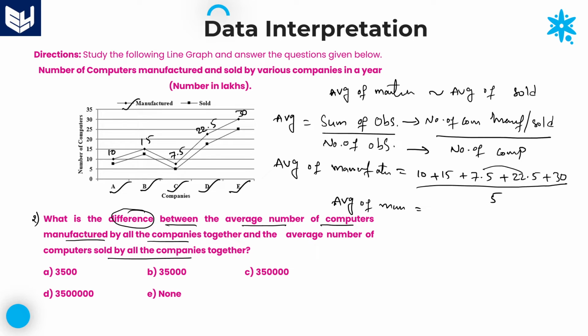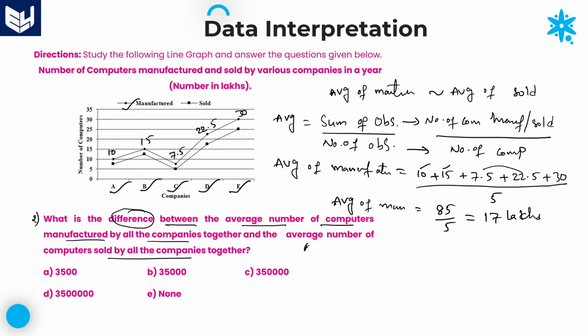This is 30, this is 30, 60, 60 plus 10, 70, 70 plus 15, 85, divided by 5, which is equal to 17 lakhs. The average of the number of computers manufactured by all 5 companies together is 17 lakhs. That is the required average of manufacturing computers.